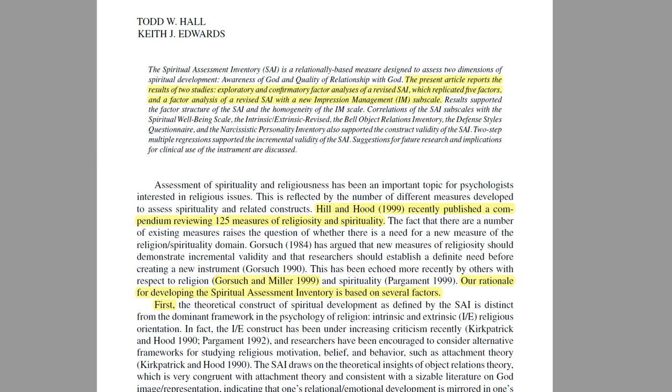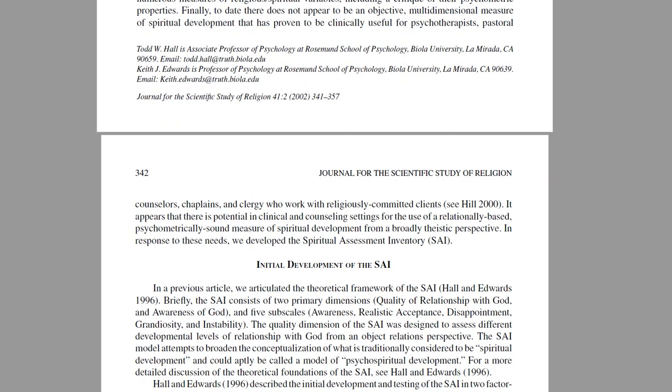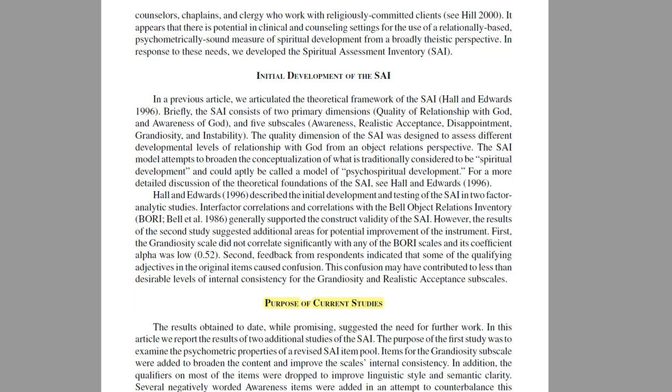So here again, we want to focus on the primary research, on the original research, which is done by Hall and Edwards. All right, so we scroll through this, we learn about the topic and their study, and then we start to learn about now what Hall and Edwards are actually doing. So in this case, it's a background of the initial development of the SAI, which is the measure that they used.